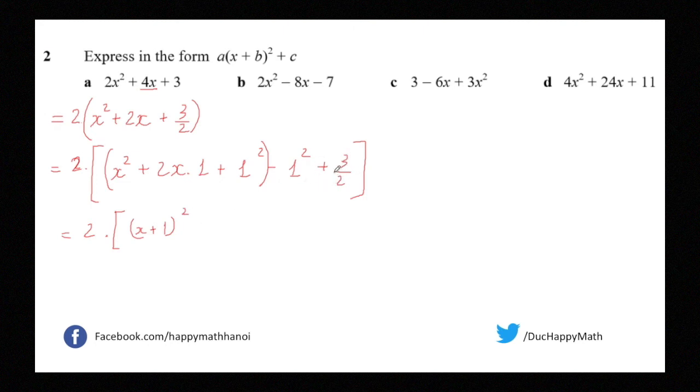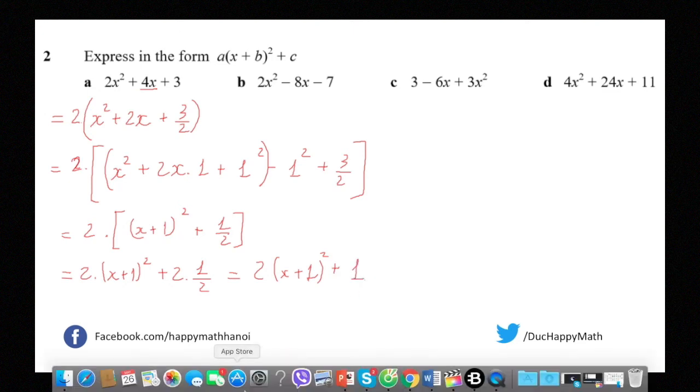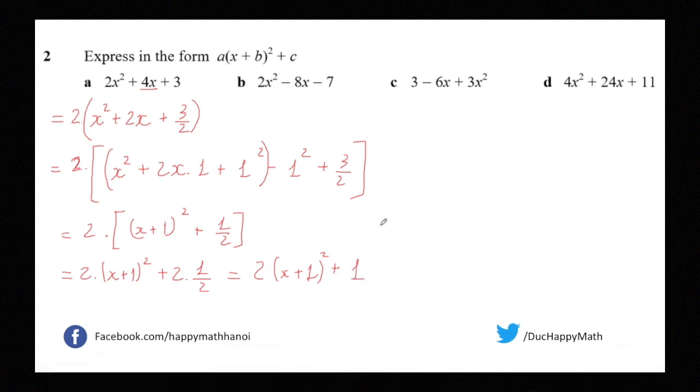Minus 1 plus 3 over 2 means plus 1 over 2. And then you expand the new expression, 2 times h plus 1 square, and plus 1. So simplify them. Yes.